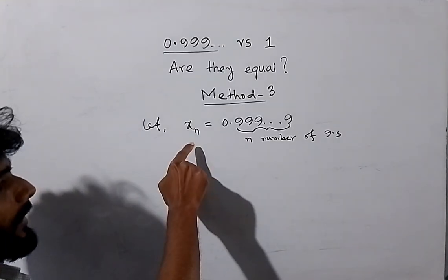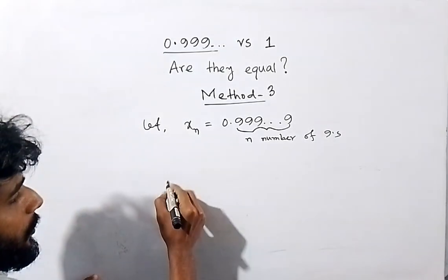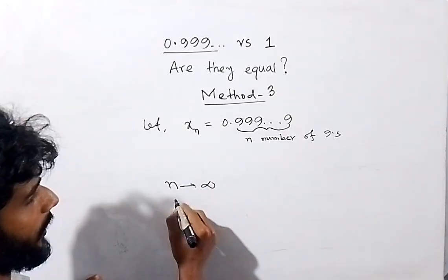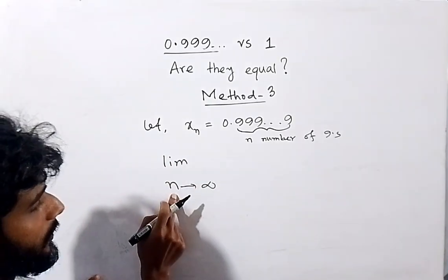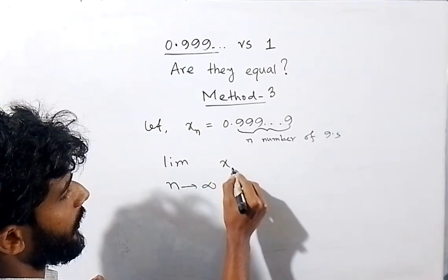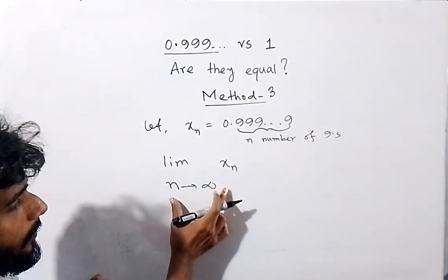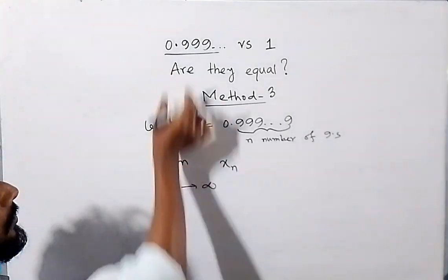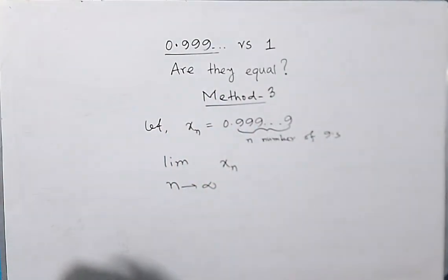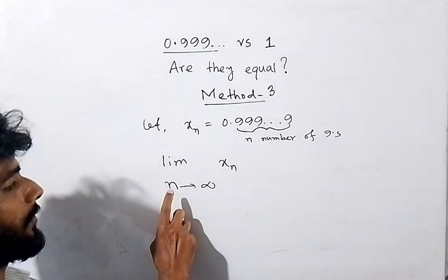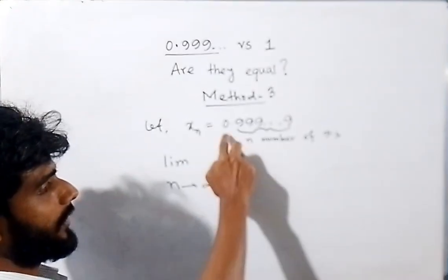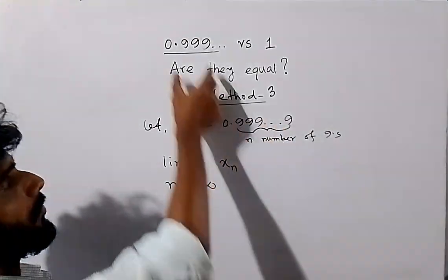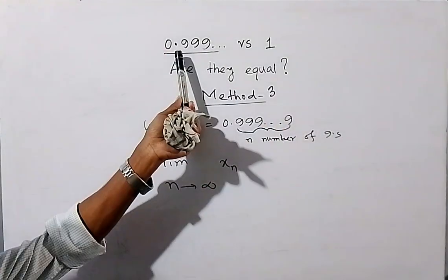If I take n tends to infinity, then the limit of xn as n tends to infinity is equal to 0.999 and so on, right? If n approaches infinity, then this number is just equal to my original question.